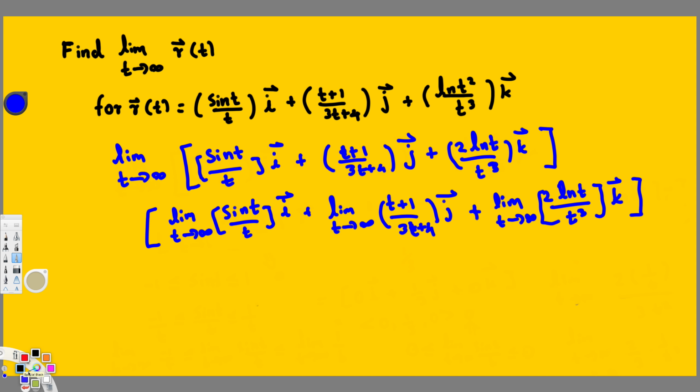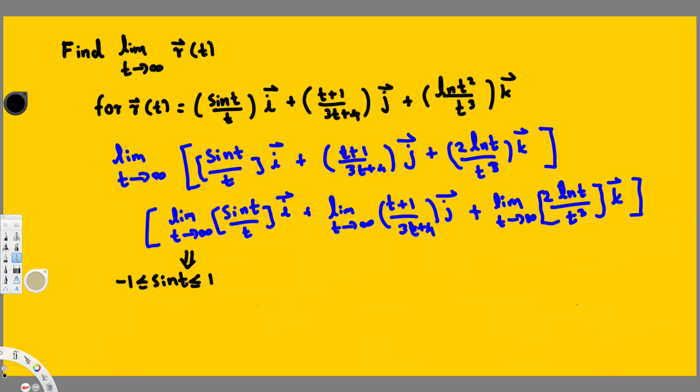First one, if you look at this, that's sine t over t, right? If you apply infinity for this one, sine infinity does not exist, and over infinity, so it's going to make this undefined, right? So here, when you have a sine function or cos function, we can't directly apply L'Hopital's rule. Instead, we know that sine of any value is going to be between -1 and +1, right?